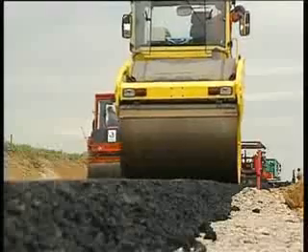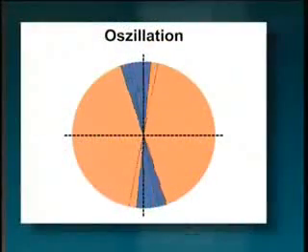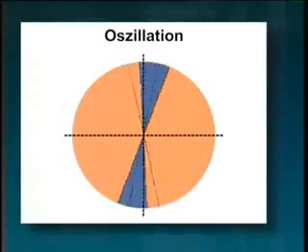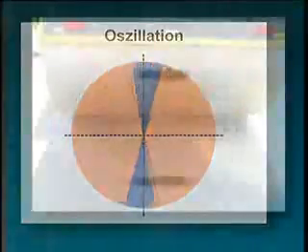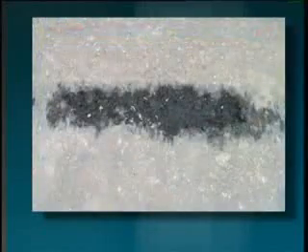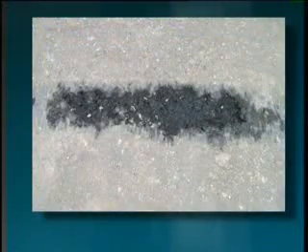Even oscillation with horizontally directed shearing forces, which is supposedly a low-impact form of compaction, can destroy the asphalt surface with too many passes or lead to a loss of bonding between layers.